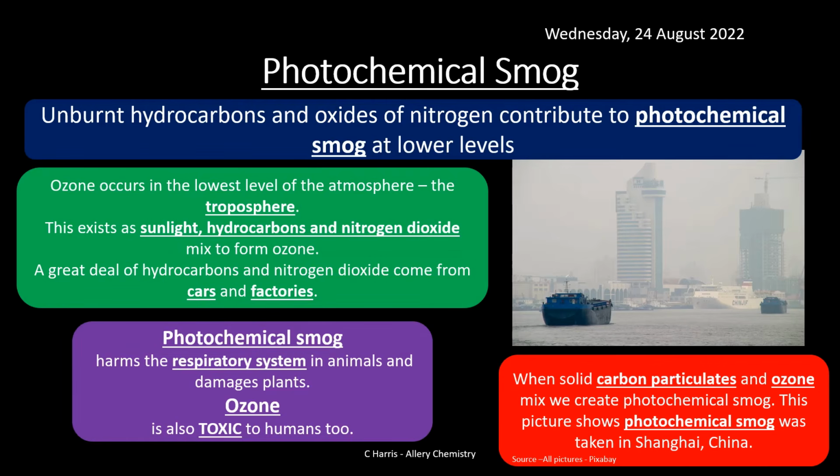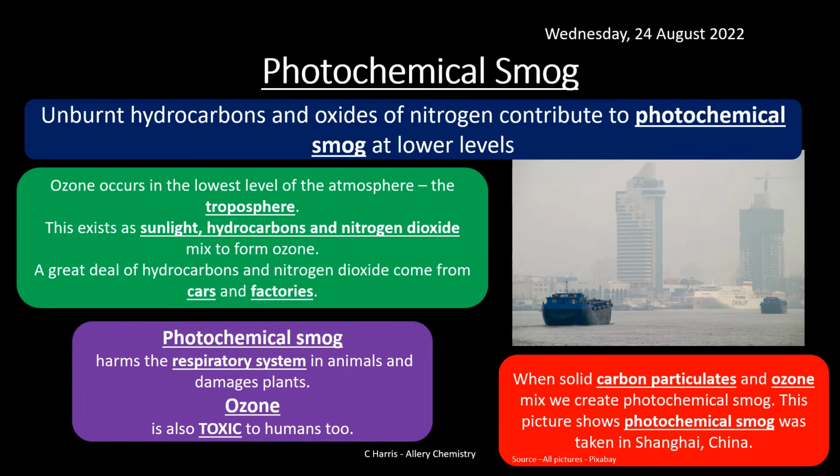So photochemical smog harms the respiratory system in animals. It's not good for you at all. It damages plants, as they can't respire properly. And ozone is actually toxic to humans. We don't want ozone at lower levels of the atmosphere. It needs to be higher up, where it helps protect against harmful UV coming into the atmosphere.